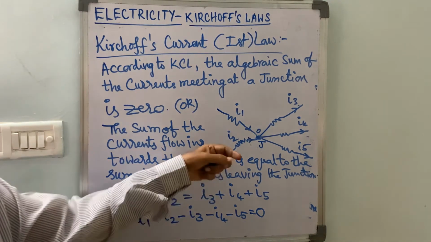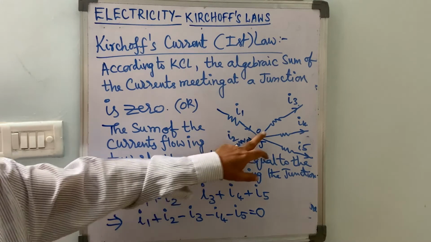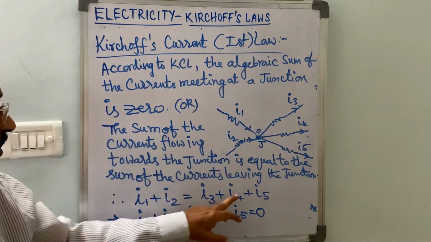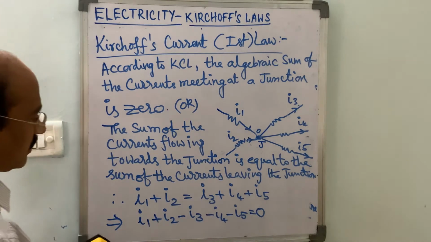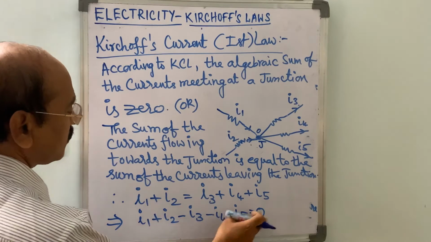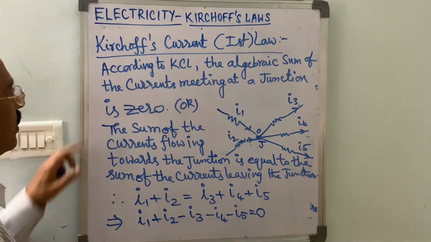So the currents flowing towards the junction, I1 and I2, are equal to the sum of currents leaving the junction, that is I3, I4 and I5. When we write everything on one side, the algebraic sum of all the currents is equal to 0.